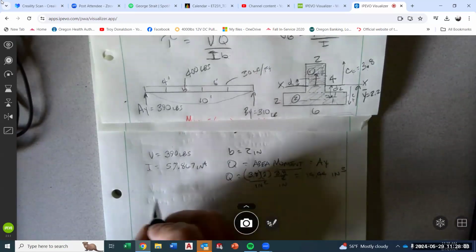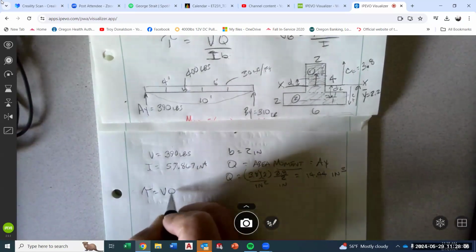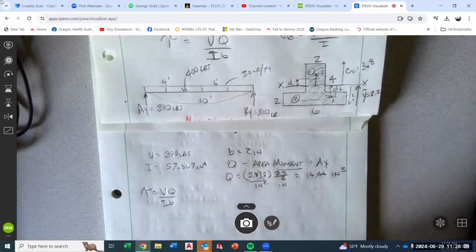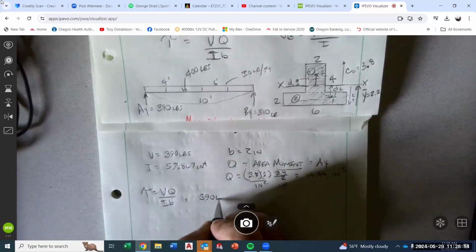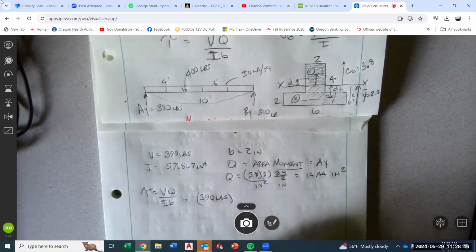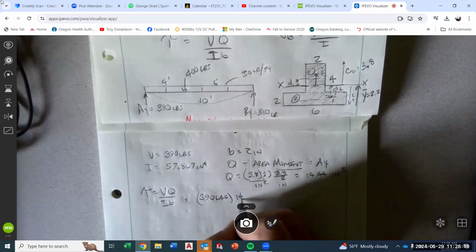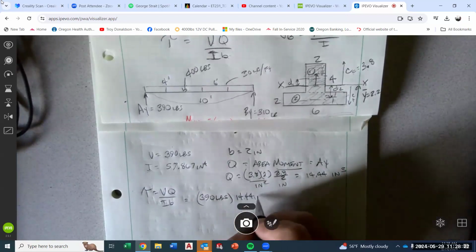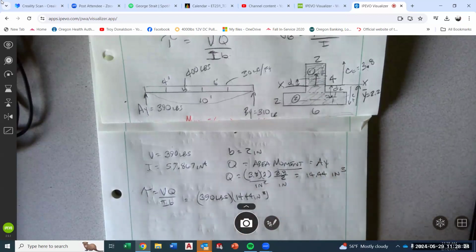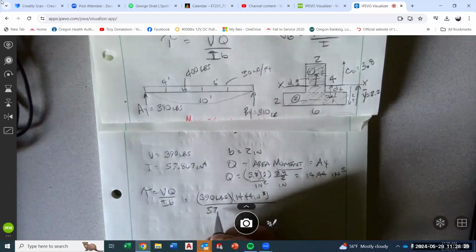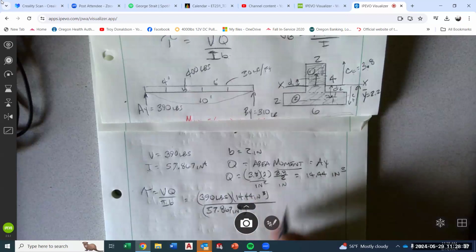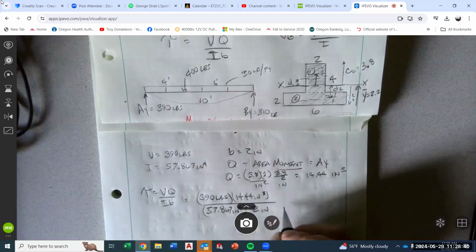So when we put it all together, VQ over IB, we're going to get 390 pounds, Q, 14.44 inches to the third, I, 57.867 inches to the fourth, and B, 2 inches.